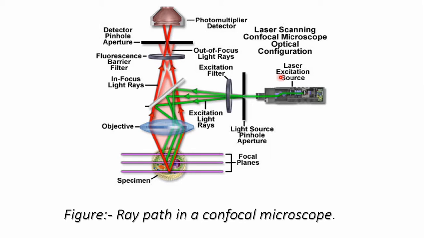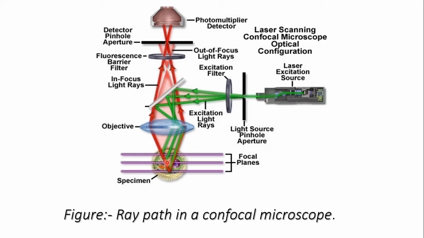As compared to fluorescence microscope, in case of confocal microscope the excitation source is laser light. So here the laser source is present, and the laser light will pass through the pinhole aperture and then the excitation filter, and when this excitation light falls on the dichroic mirror, it is reflected by the dichroic mirror and falls on the sample, on the specimen.